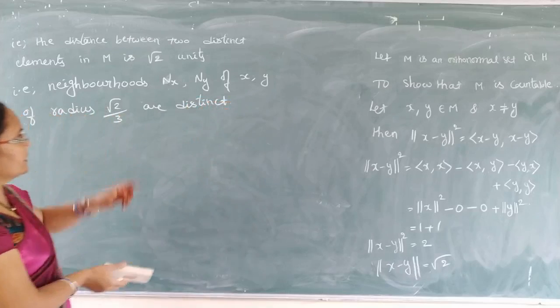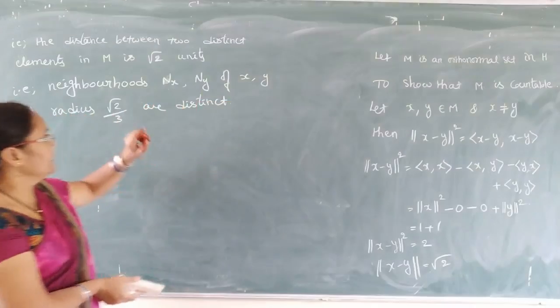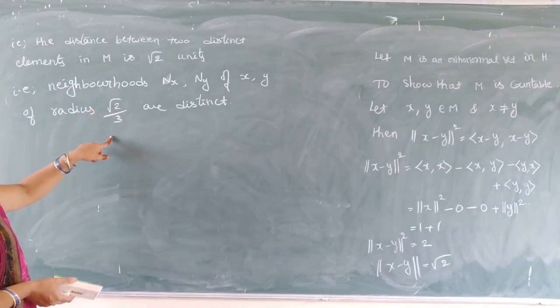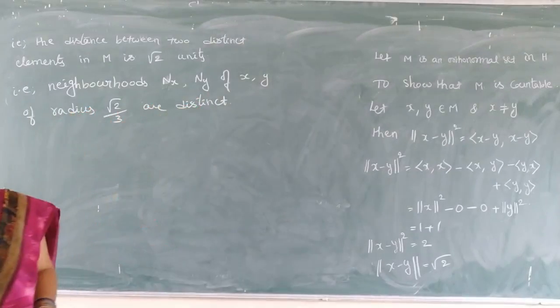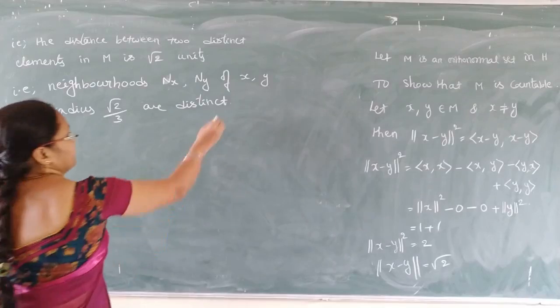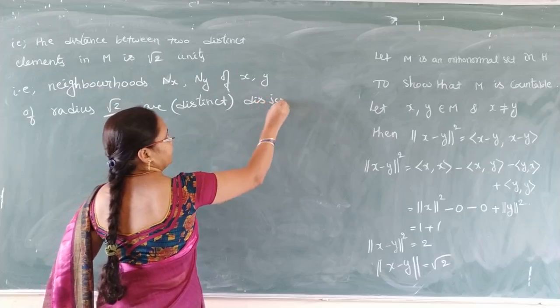Meaning to say here, x's neighborhood is Nx, y's neighborhood is Ny, the radius of those is root 2 by 3. These neighborhoods are also distinct. Meaning to say neighborhoods are disjoint. So in brackets you can write disjoint.